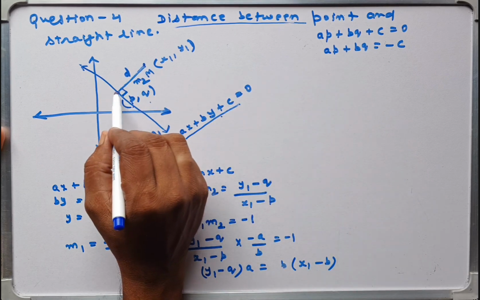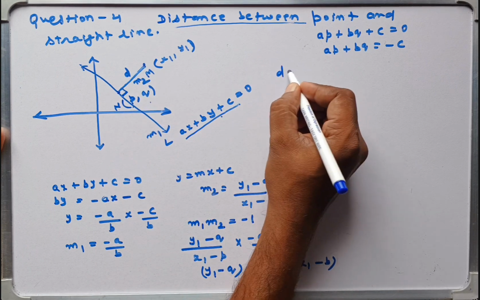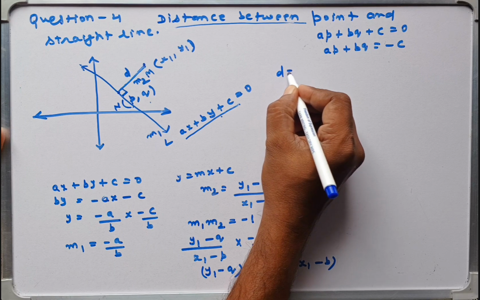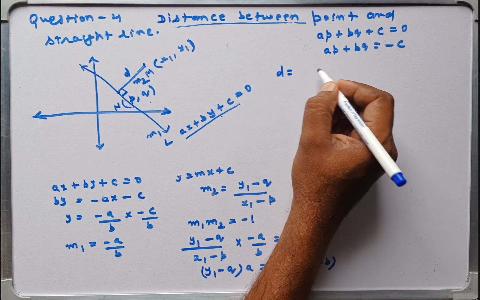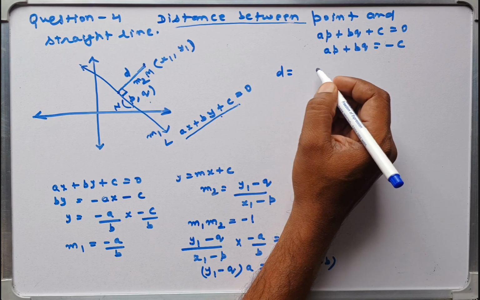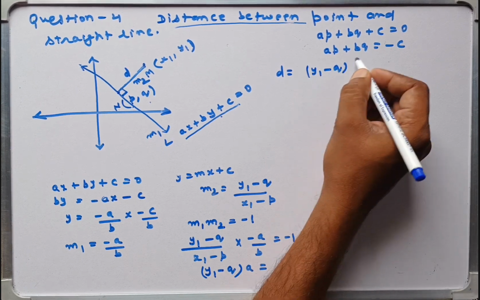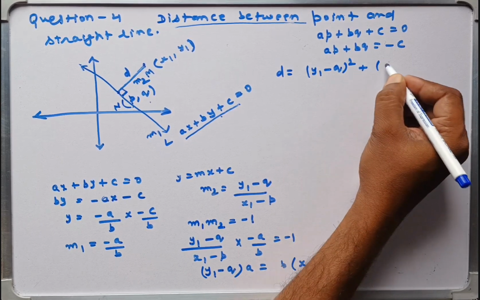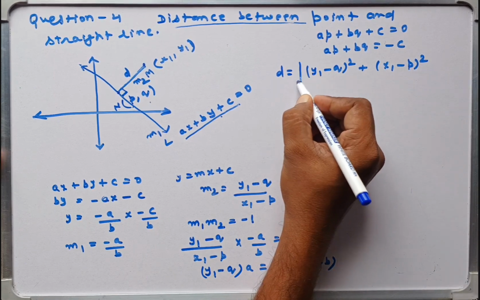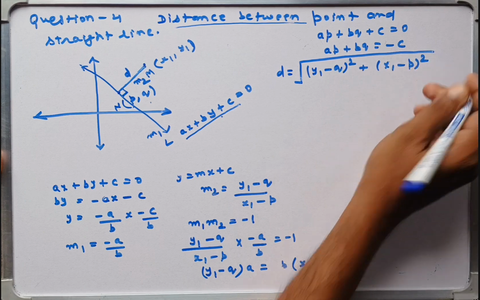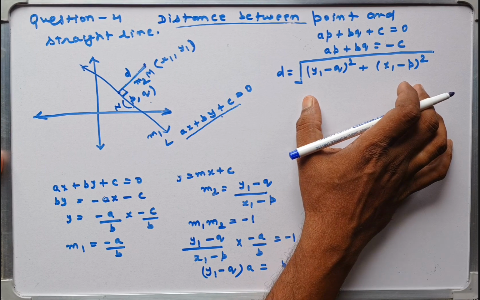If d is the distance between this line and this point, then in coordinate geometry, or in an earlier YouTube video which I uploaded, we saw the distance between two points equals the square root of (y1 minus q) whole square plus (x1 minus p) whole square. It will give the value of the distance between 2 points.